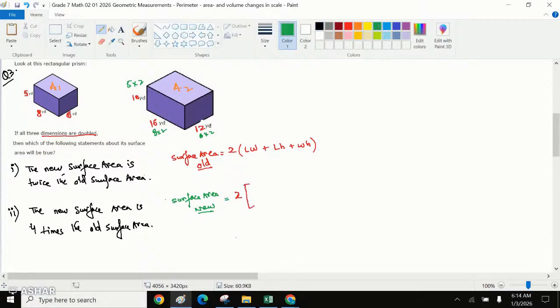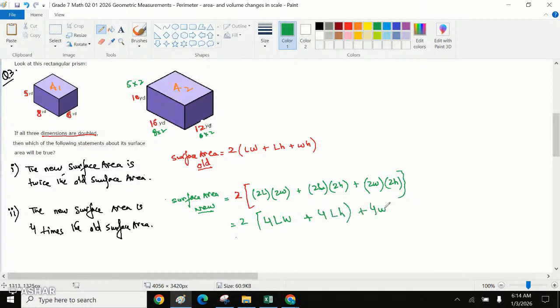So twice of length is multiplied by twice of width, plus twice length times twice height, plus twice width times twice height. Agreed? This would be the new. Simplifying this, 2 stays over here. This is 4 length multiplied by width plus 4 length multiplied by height plus 4 width multiplied by the height.